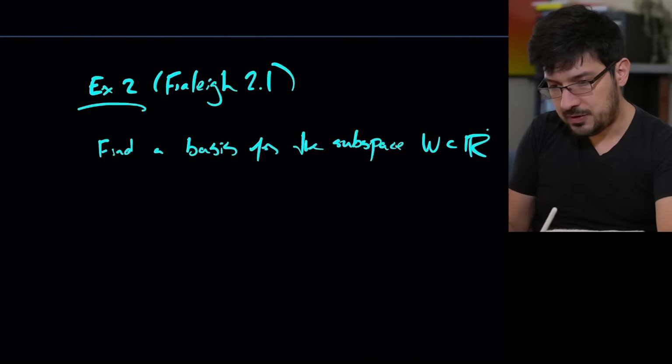W1 equals 1, negative 1, 0, 2, 1. W2 is another vector, W3 is a 5-vector, W4 is another 5-vector, and W5 is another 5-vector.